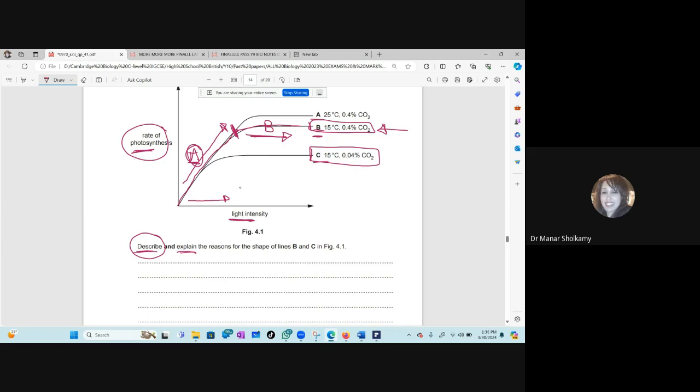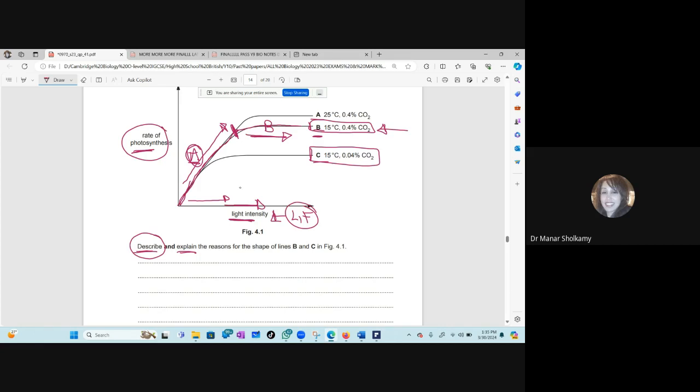At A, every time I'm increasing the light intensity, the rate of photosynthesis is increasing. So this is showing me that the more I give light, the more the photosynthesis. So at A, the light intensity is the limiting factor. The limiting factor is the factor that will stop the rate of photosynthesis from reaching its maximum.